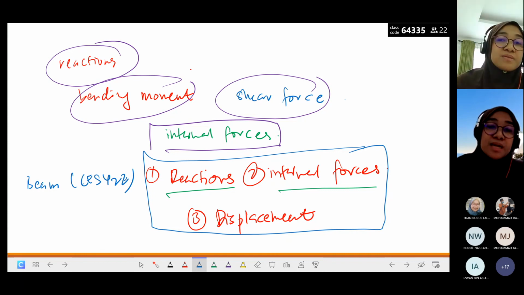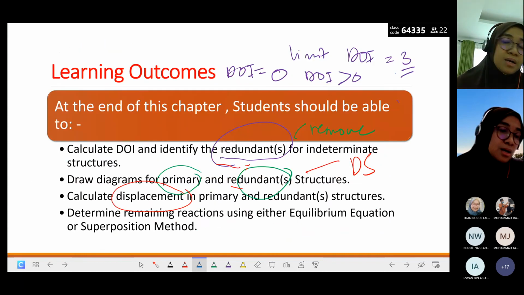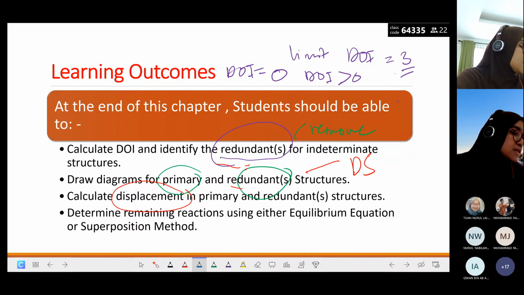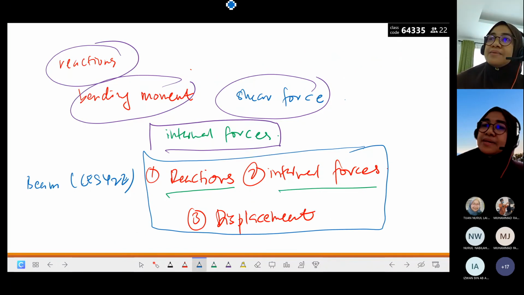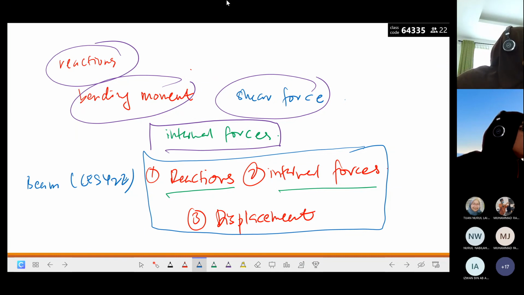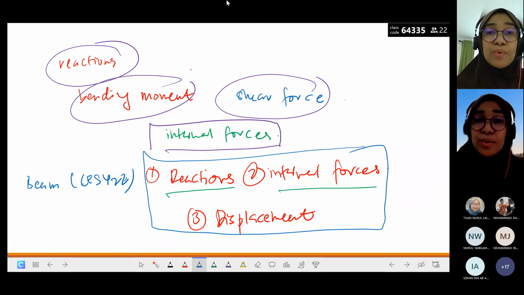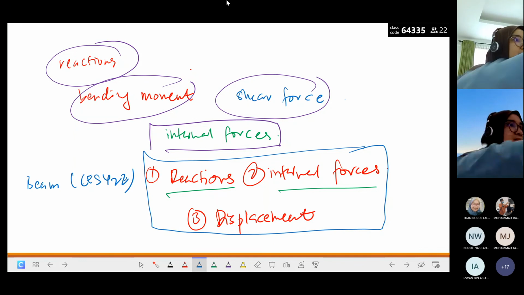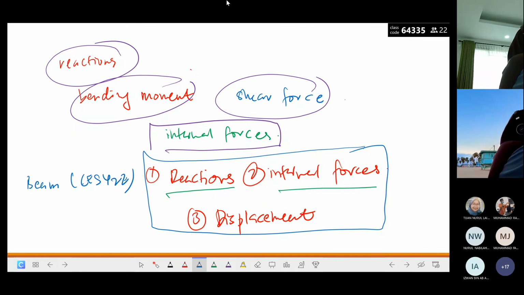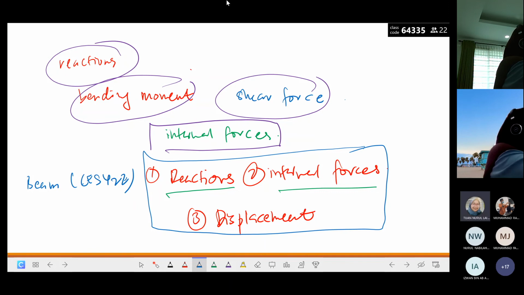Regardless of what type of structure, if it is truss, you need to calculate reaction as well using equilibrium equation, right?